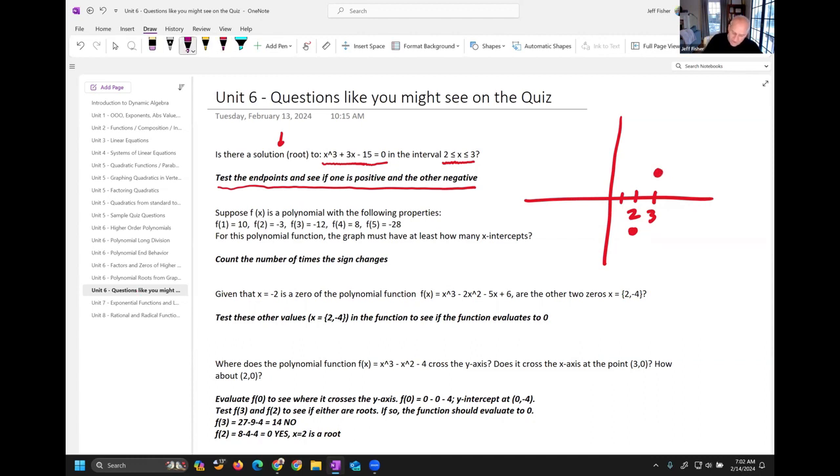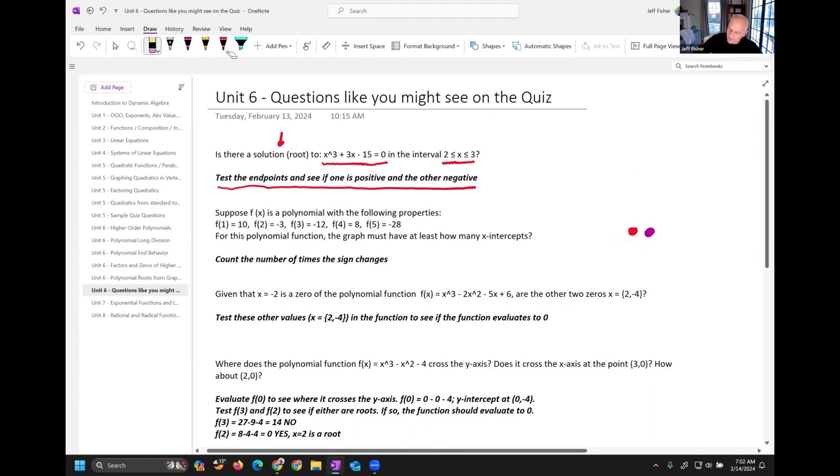It could also work if it was here and here. We just have to find out if they are opposite signs, right? So that's all we have to find out. Let's plug in 2, and we'll plug in 3 and see if we get one negative and one positive.